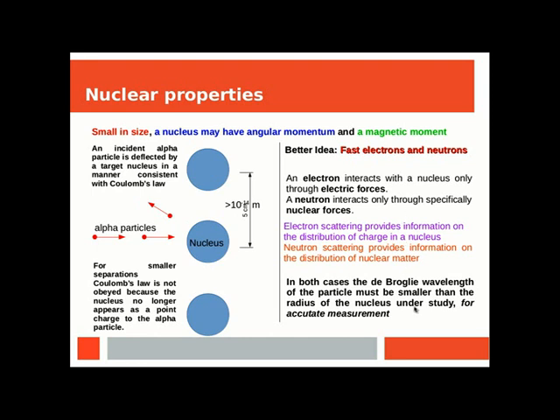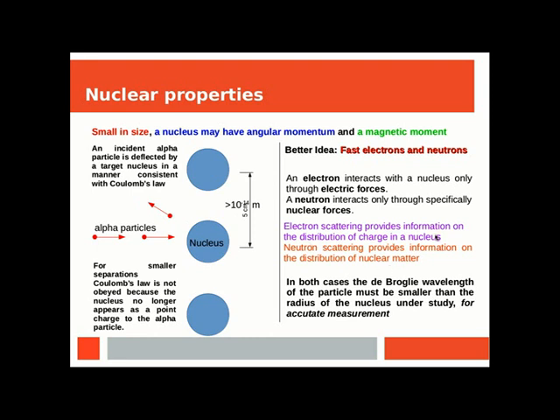Electrons interact with the nucleus by means of electric forces, and neutrons interact with the nucleus by means of nuclear forces. Electron scattering provides information about the charge distribution on the nucleus, while neutron scattering provides information about the mass distribution on the nucleus.